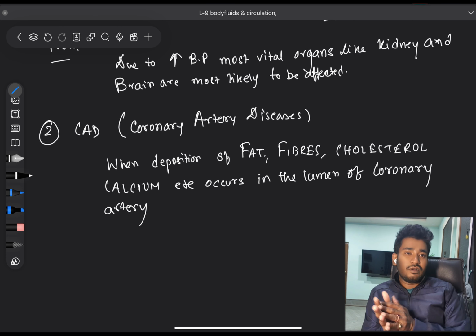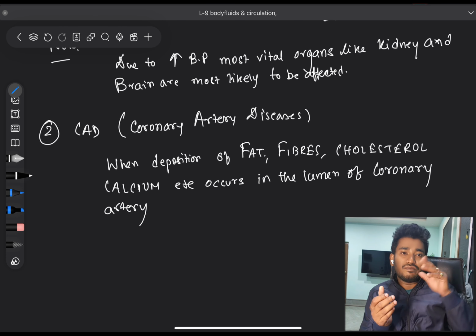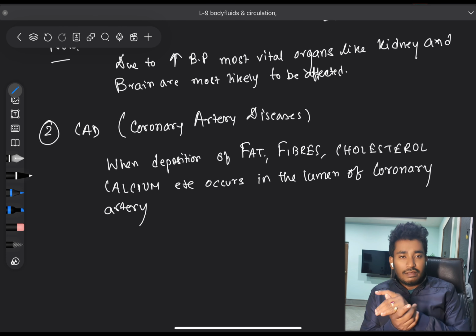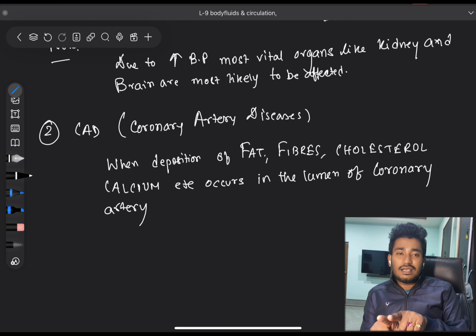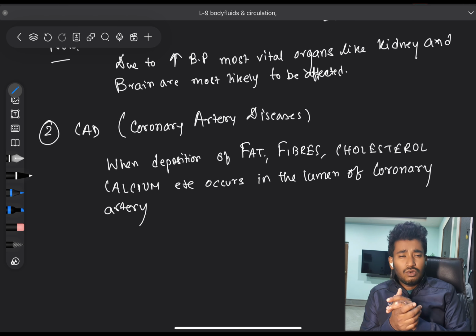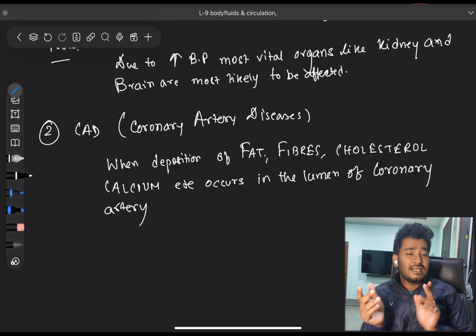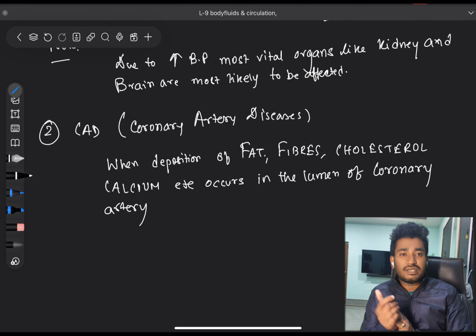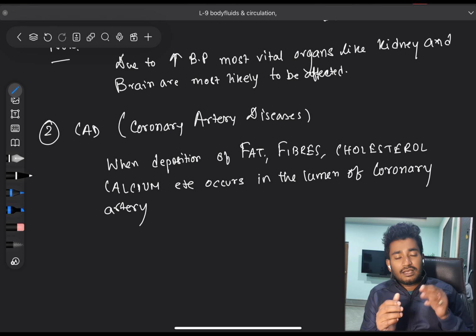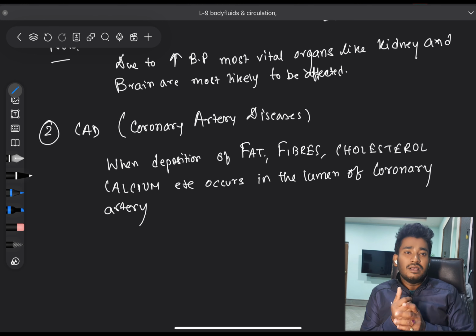In physics, you have already known that pressure depends upon force per unit of area, P is equal to F by A. If the area of the arterial lumen decreases, the pressure increases, thus the blood pressure increases. As the blood pressure increases from the cholesterol, there is a chance of cerebral stroke and cardiac diseases.